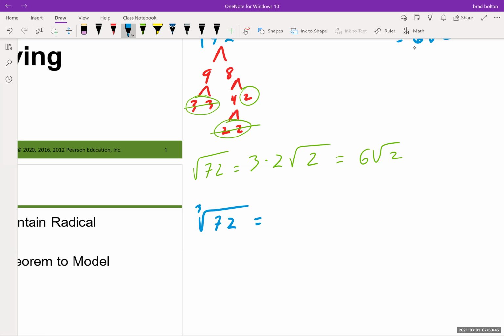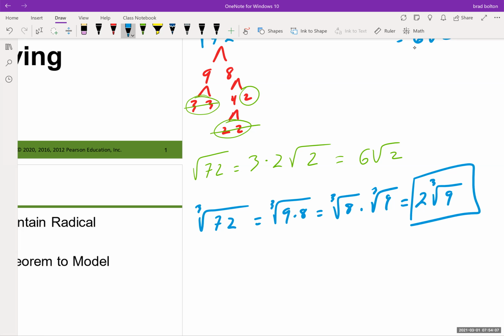The cube root of 72 is really the cube root of 9 times 8. Now, are either one of those perfect cubes? Well, 9 is not, but 8 is a perfect cube. So I'm going to do the cube root of 8 times the cube root of 9. The cube root of 8 is 2. The cube root of 9 is just the cube root of 9. So that would be the answer: 2 times the cube root of 9.